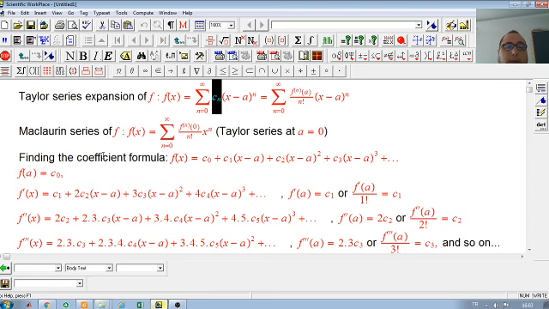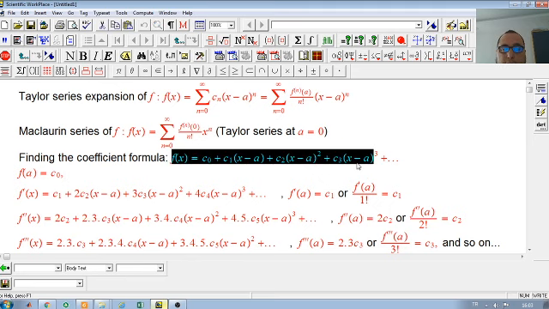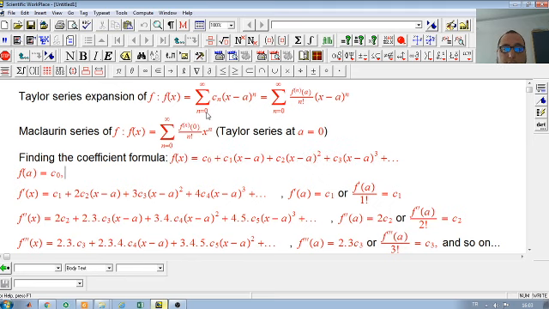So for finding the coefficient formula in the definition of the Taylor series expansion of the function f, first we write explicitly the Taylor series expansion in this form. You see, if you write natural numbers including 0, you will obtain terms like c0 plus c1 times x minus a, which is obtained by writing 1 for n in the formula written here.